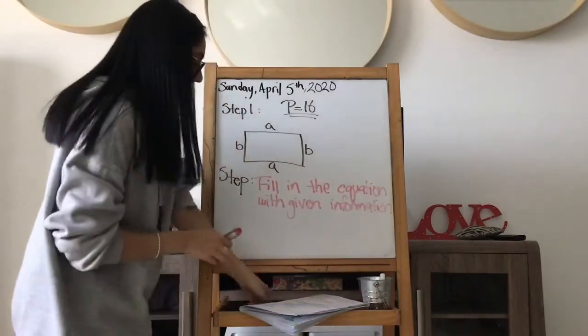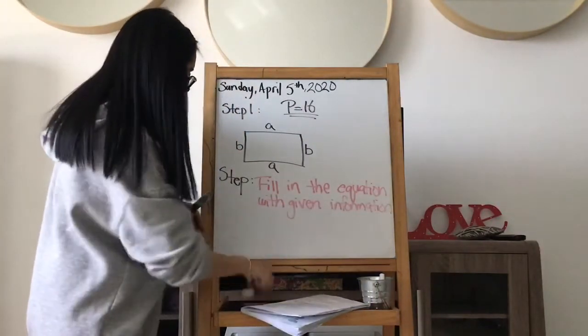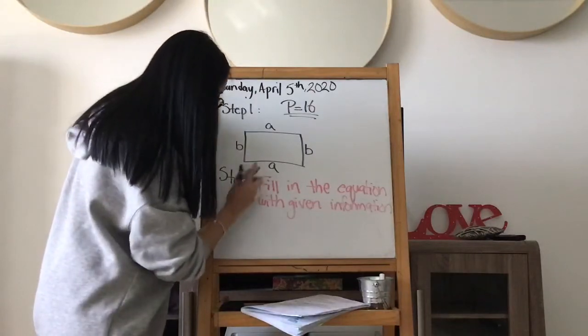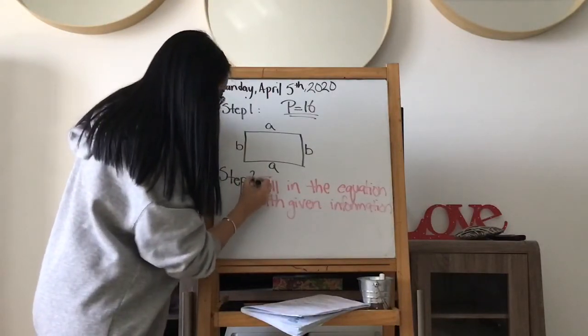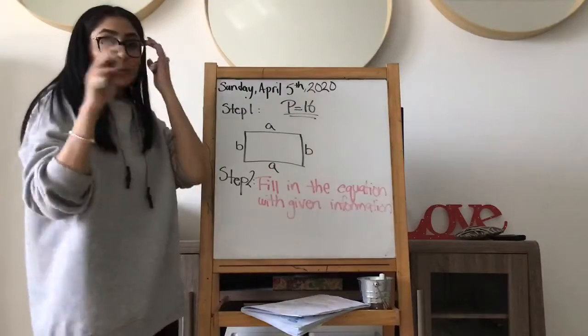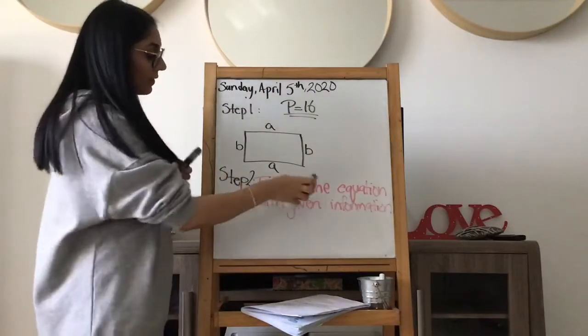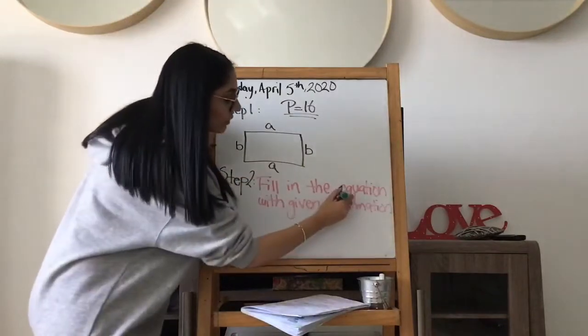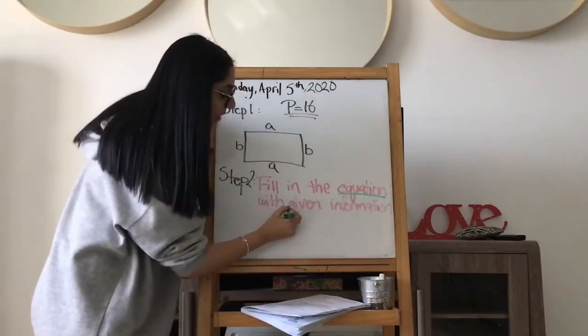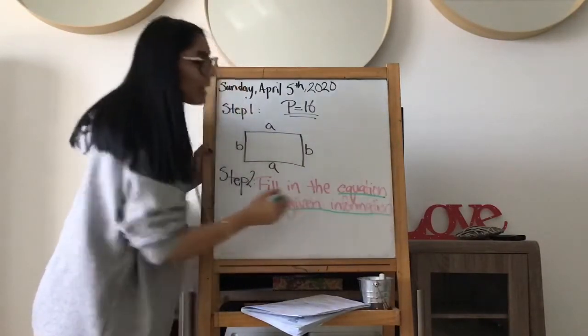Okay, let's highlight. So step 2. Switch it in there. You were probably saying that from the screen. Oh, Miss Lavish forgot 2. So step 2 is fill in the equation with given information.